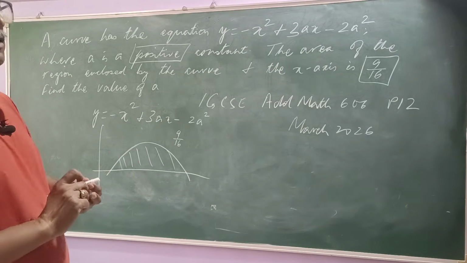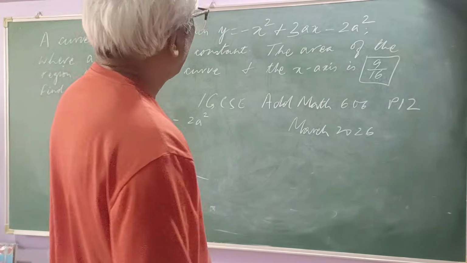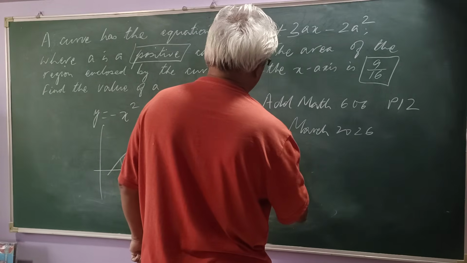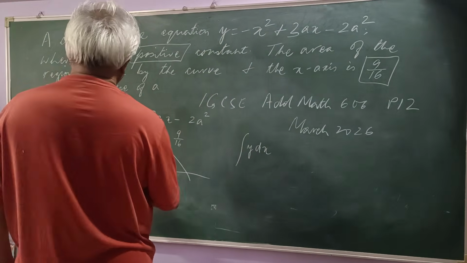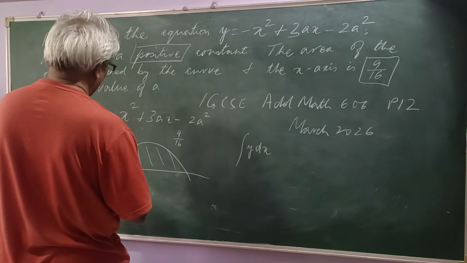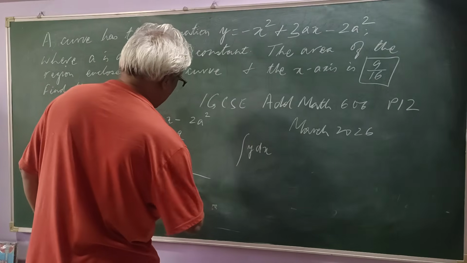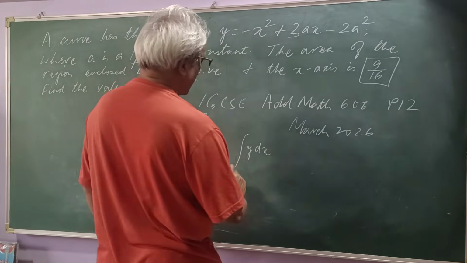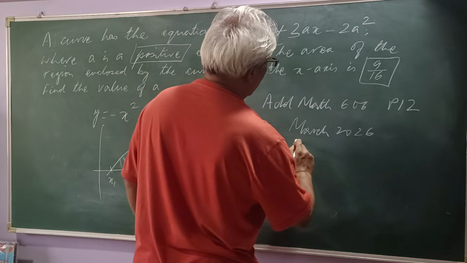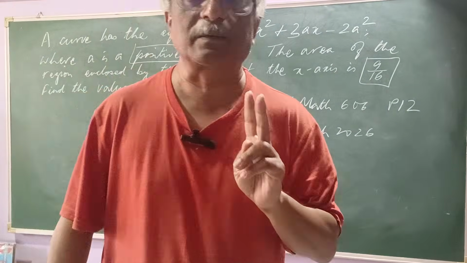Now obviously we know from our study of calculus that the integral of y dx, with limits x1 and x2, will be 9 over 16. So we have two tasks.